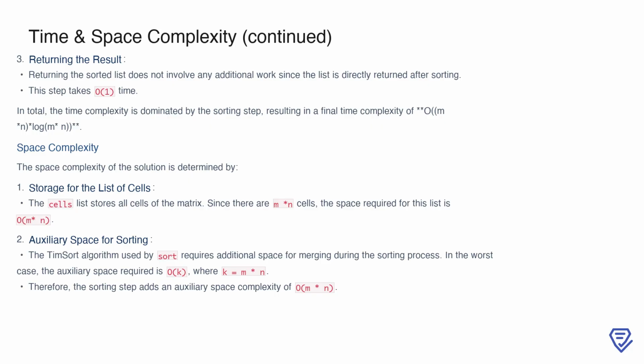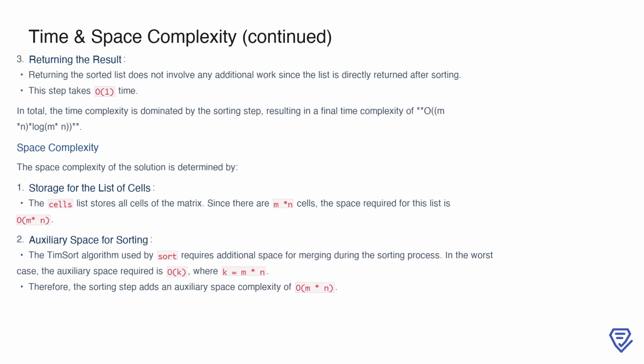Now, looking at the space complexity, the first contributing factor is the storage for the list of matrix cells. This list stores all m * n cells, so it requires O(m * n) space. Additionally, the sorting process using timsort demands auxiliary space for merging. In the worst case, this auxiliary space complexity is proportional to the number of elements being sorted, which is also O(m * n).